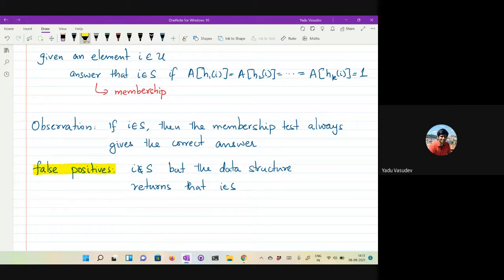And what we want to do is to understand what is the probability of false positives.